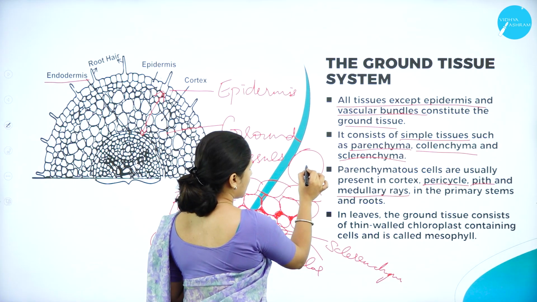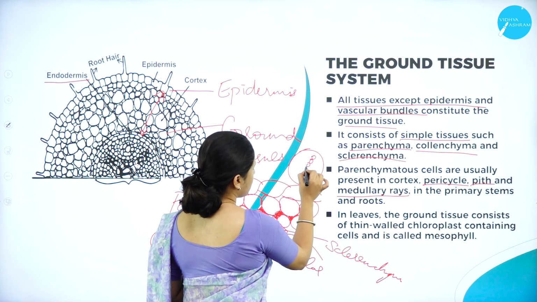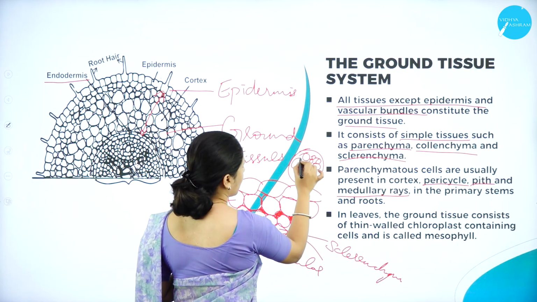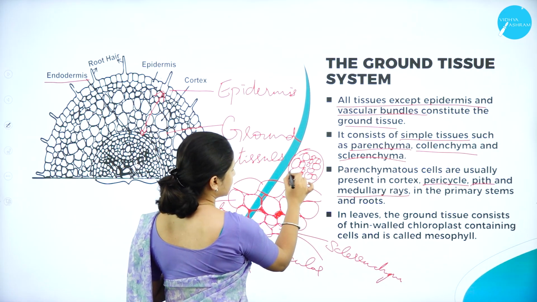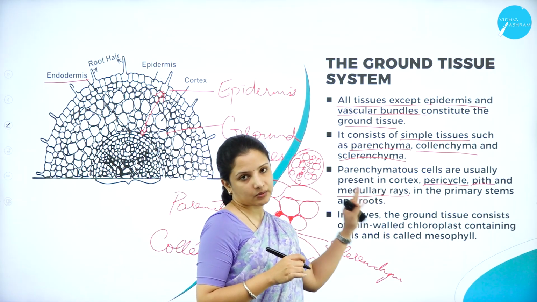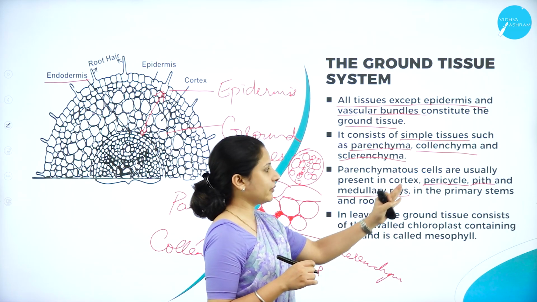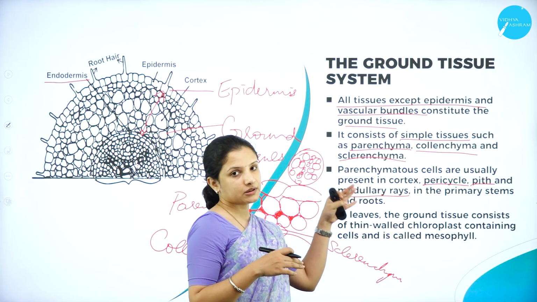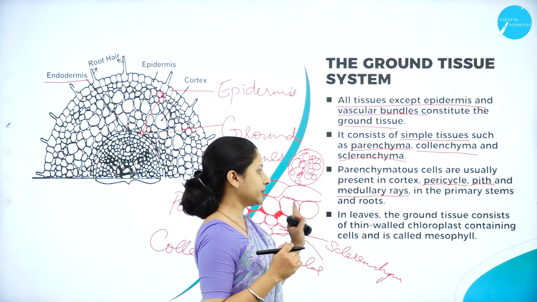In between the vascular bundles also the parenchyma cells can be present. So therefore they are also present in between the medullary rays in the primary stems and the roots. That is the young stems and the roots, or the first formed stems and the roots.